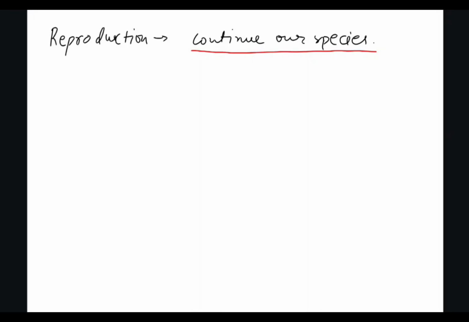And as you move into evolution and other things, there's a term called natural selection, right?